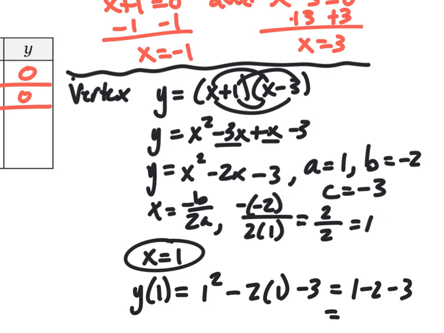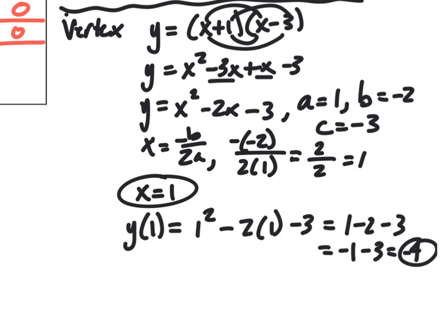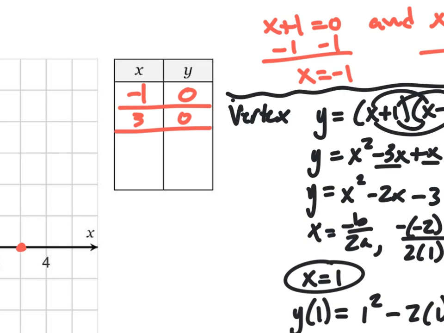No. 1 minus 2 gives me negative 1, minus 3 again gives me negative 4. Sorry. So now I have the x value of 1 and the y value of negative 4, so the point for my vertex is 1 comma negative 4. That's another important point.